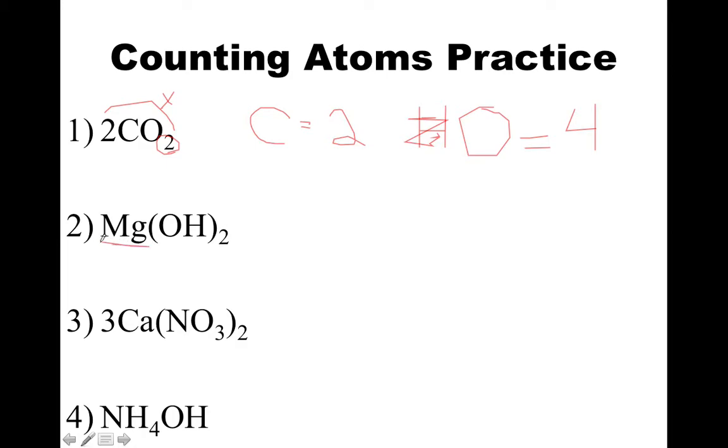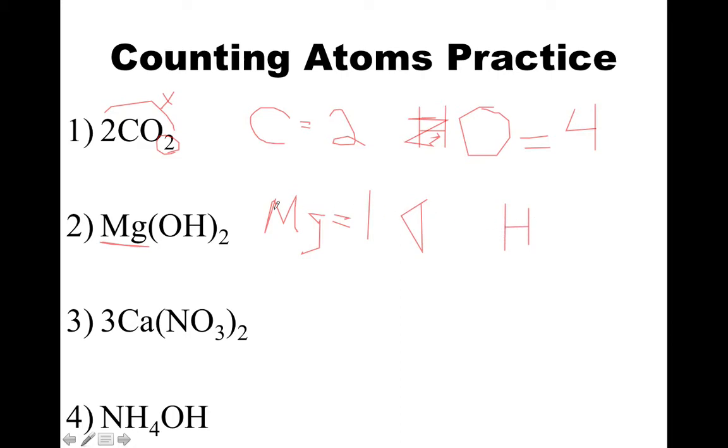Okay? I'm going to help you out with this one right here. Magnesium. I'm going to put Mg. Okay, Mg. So with magnesium, what we have right here, since I don't see a subscript, it's understood 1. Okay? We also have a capital O for oxygen. Okay? And we also have an H. Okay?